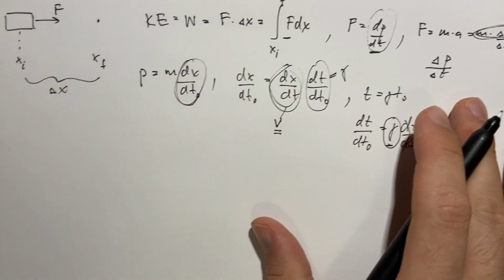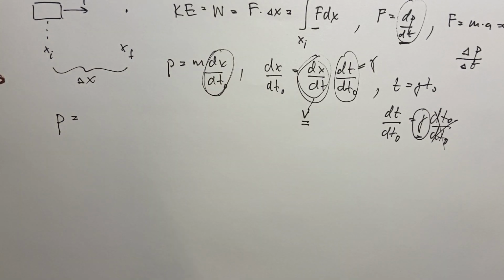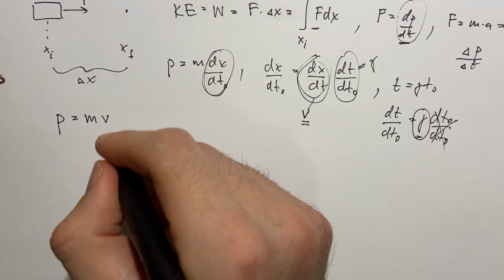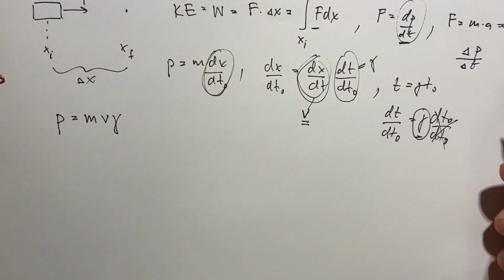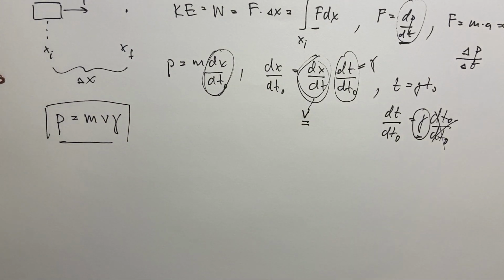So we can finally write the relativistic momentum equals m times v times gamma. Great. So far, so good. So let's move on.